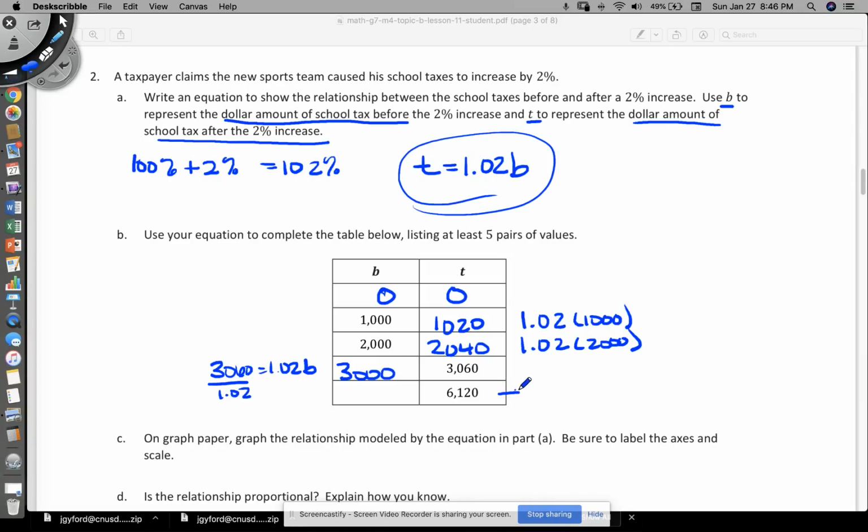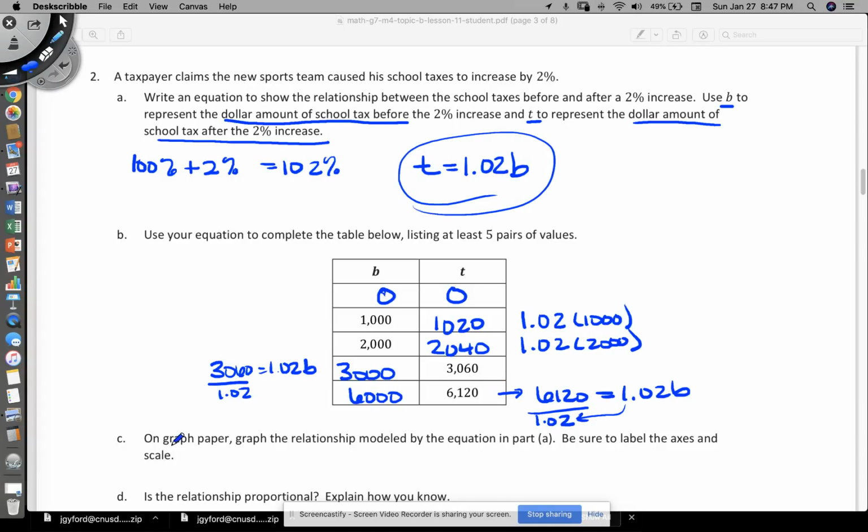It's going to be $6,120 equals 1.02 B. And on your calculator, 6,120 divided by 1.02 gives you 6,000. All right, so we filled in our table.